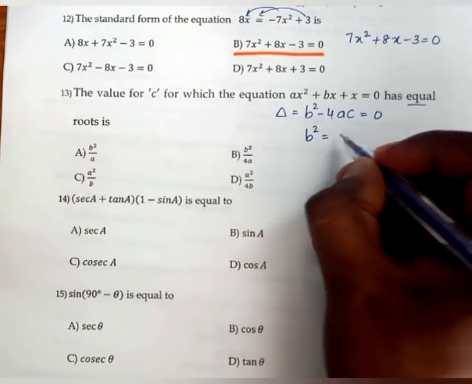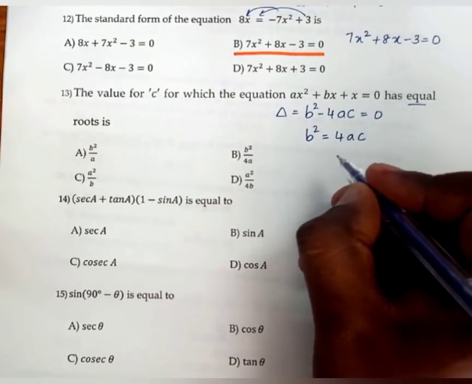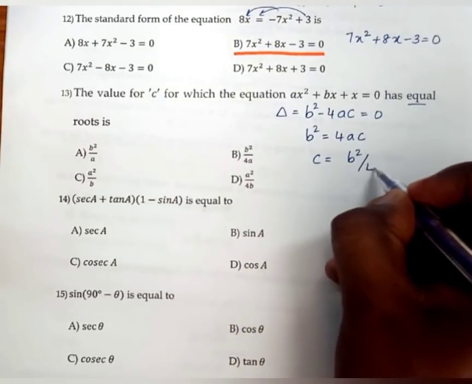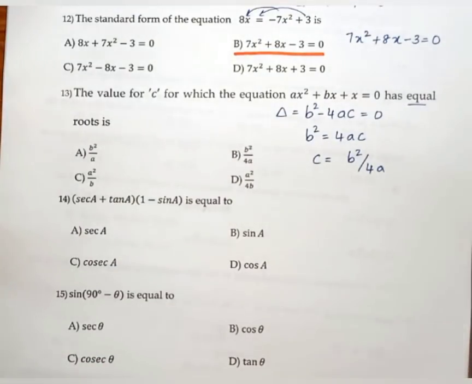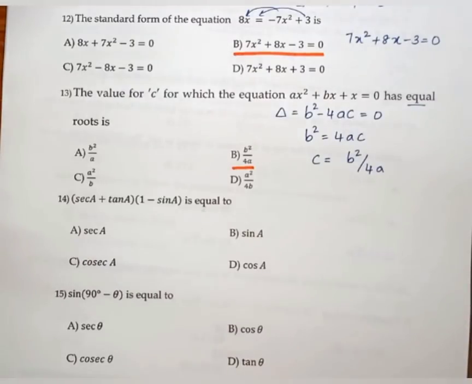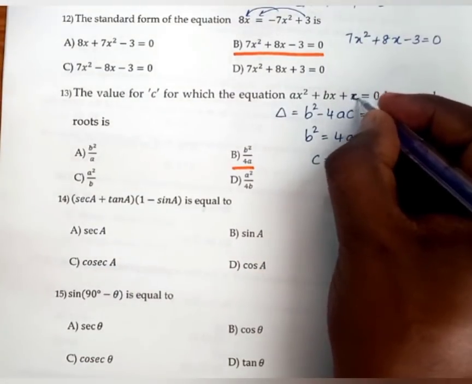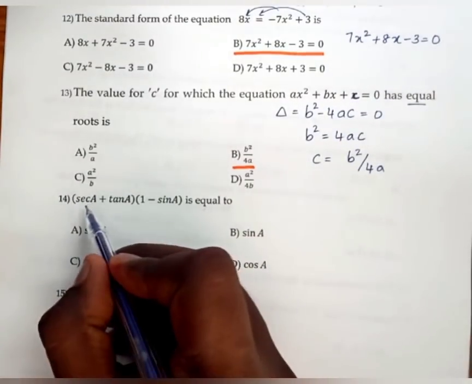Substitute the values. b square equals, shift minus 4ac to RHS, it becomes 4ac. Now c equals b square divided by 4a. The constant c equals b square divided by 4a. The correct answer is option B, b square by 4a. Correction in the question: ax square plus bx plus c equals 0.